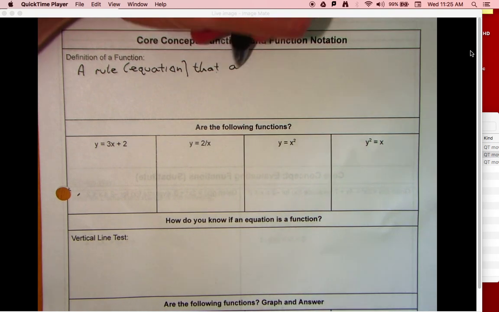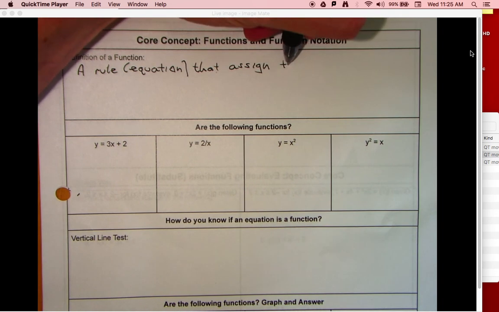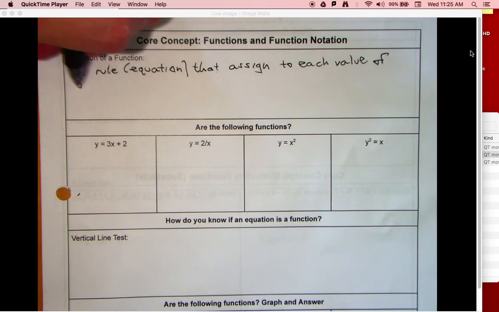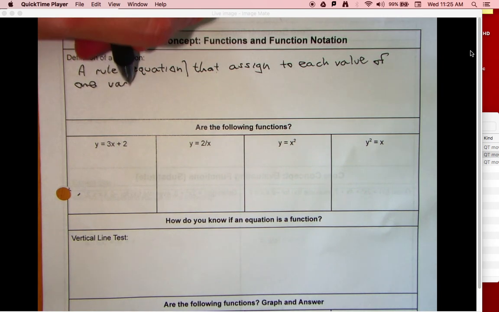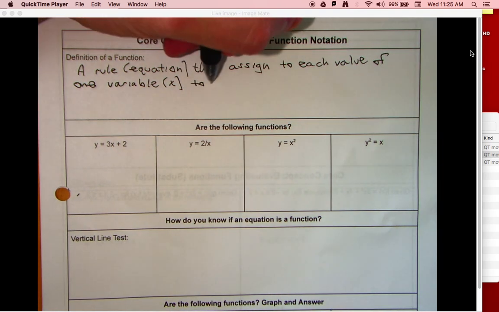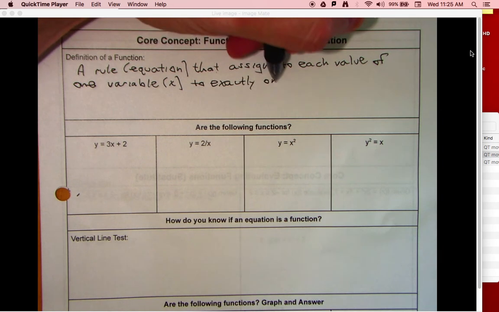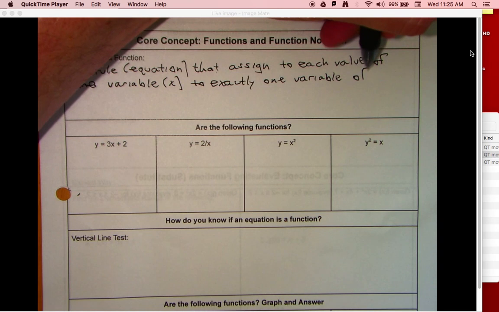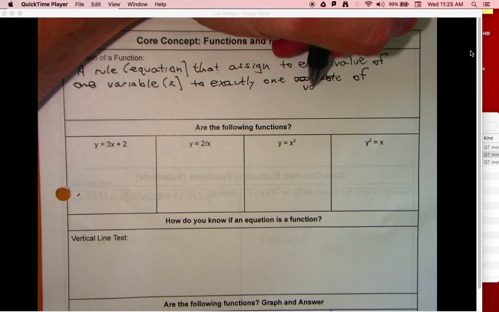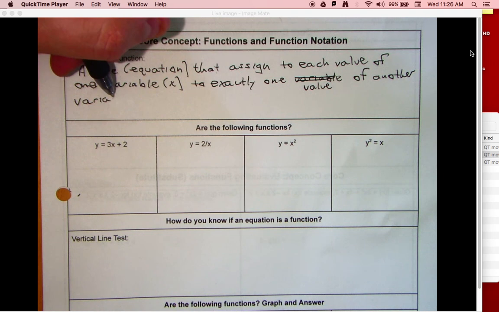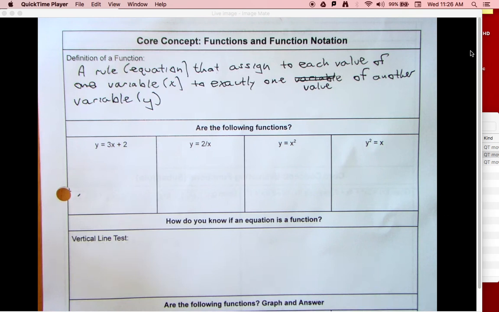It's going to assign to each value of one variable, in this case the x value, because remember in equations we talk about x's and y's, to exactly one value of another variable, y.